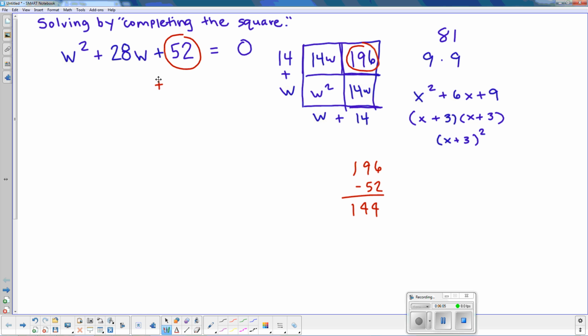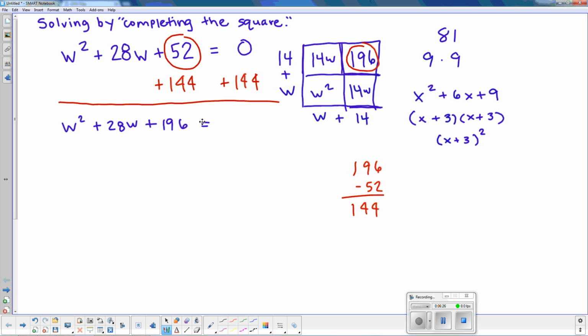So we have to add 144 to the side of the equation, and then we have to do the same thing on the other side. So we're back to now w squared plus 28w plus 196 equals 144. The whole reason we did that was that now this is a perfect square trinomial that will factor into something times itself.